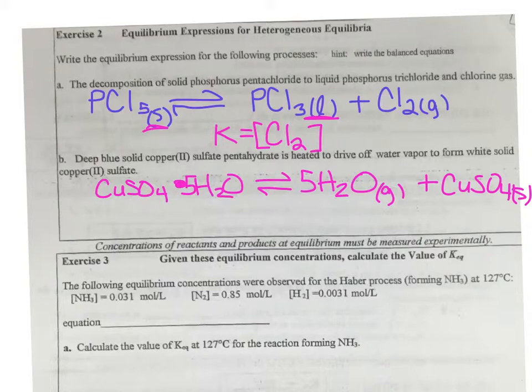What were the reactants? What state of matter? Solid. Okay, so looking at this, what's your expression? Yep, but we're going to put H2O in the brackets, and where does the 5 go? To the top. Yep. All right, and that's it.